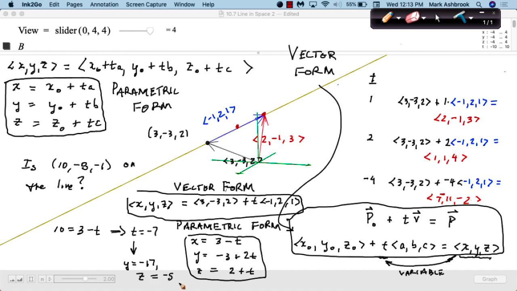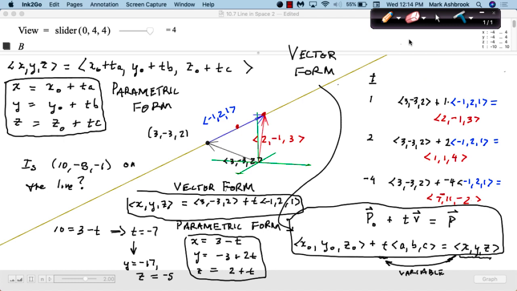Is that right? Conclusion? Definitely not on the line. A single t would have to give us that x, y, and z coordinate. Okay, questions so far?